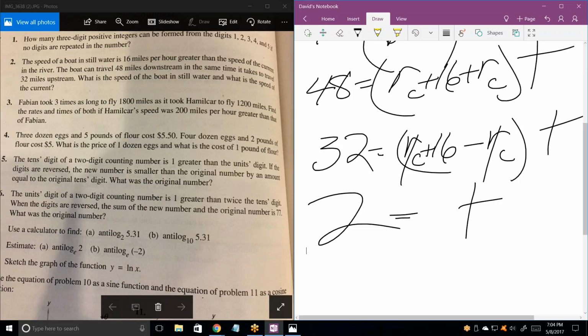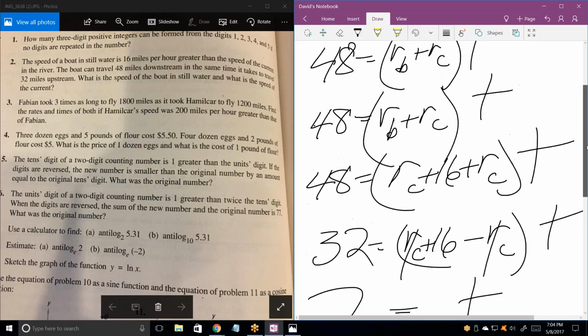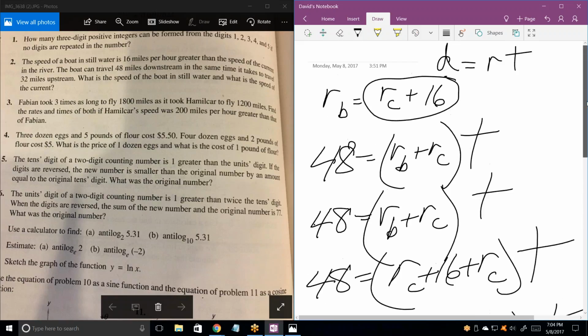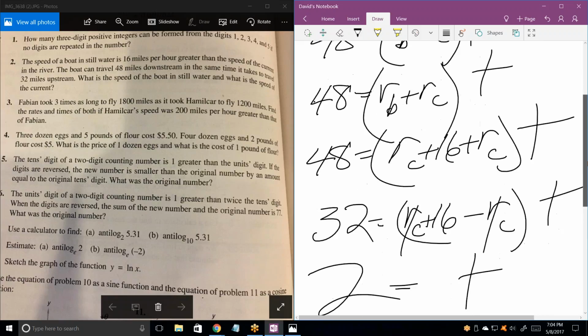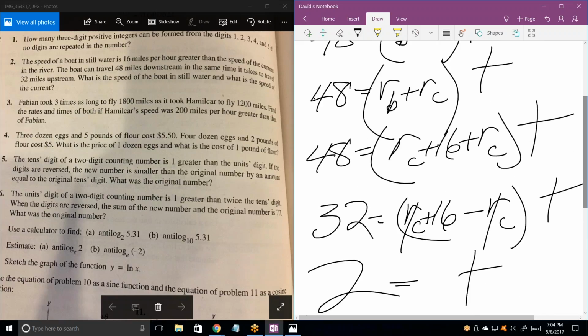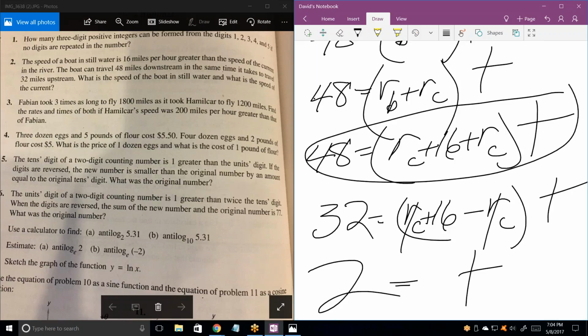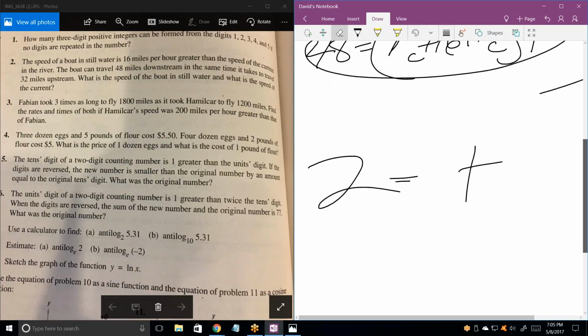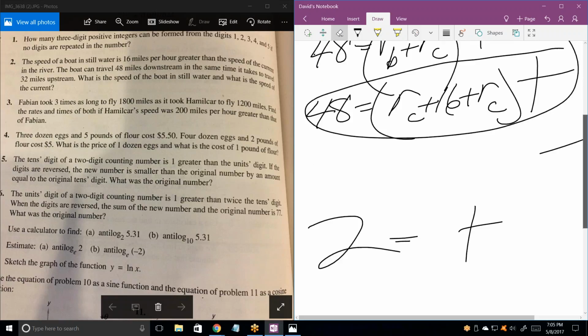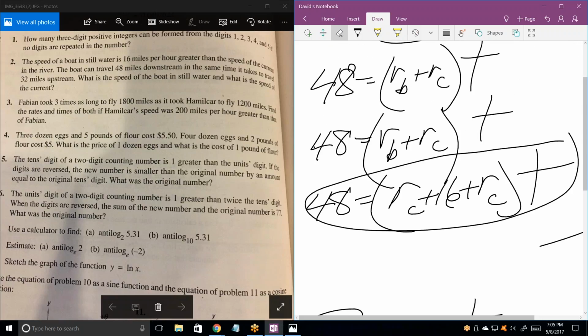Well, if t equals 2, we can go back up here and figure out what r sub c is, because this equation, okay, so we've decided that t equals 2. Now we want to solve for r sub c.